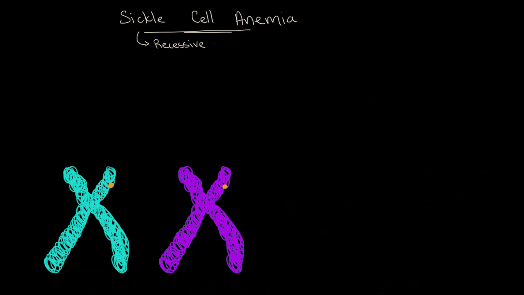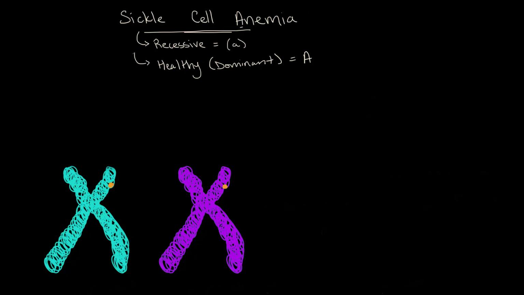Which means that you need to have both copies for the disease to show up. And we'll give this a small a for anemia. The healthy state, the healthy gene, which is dominant, we'll call big A.